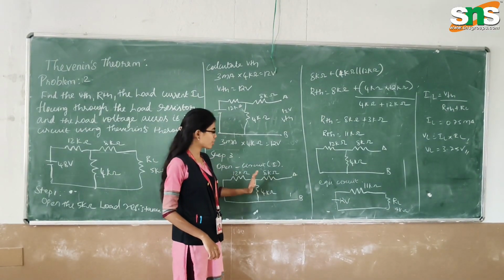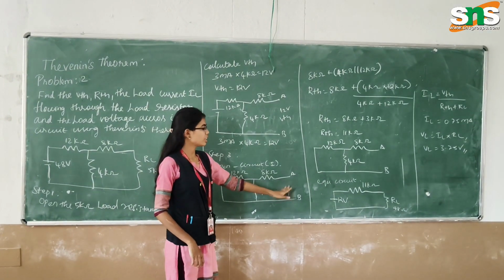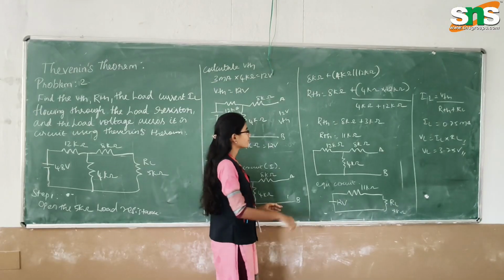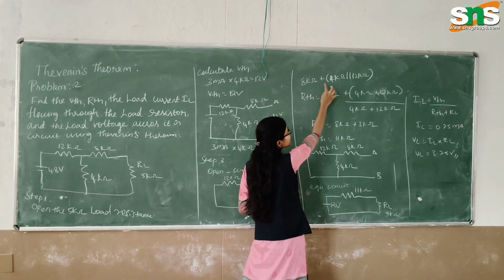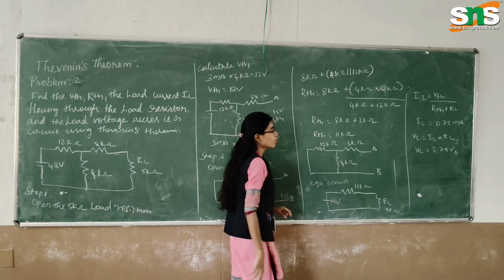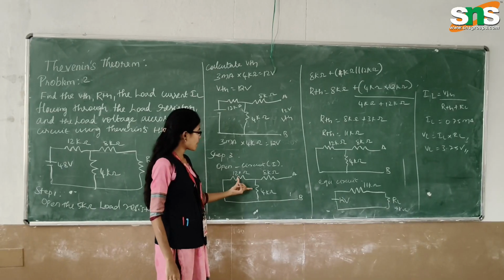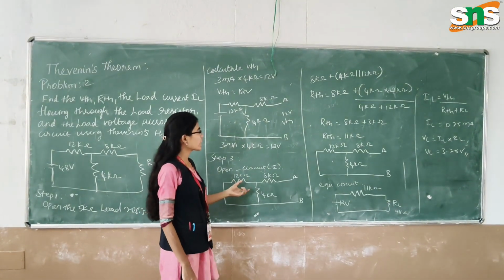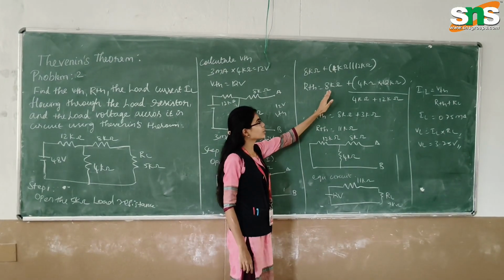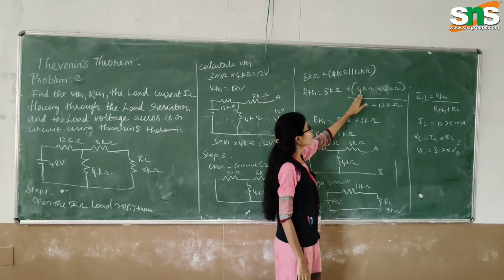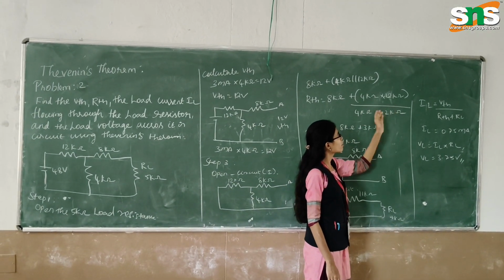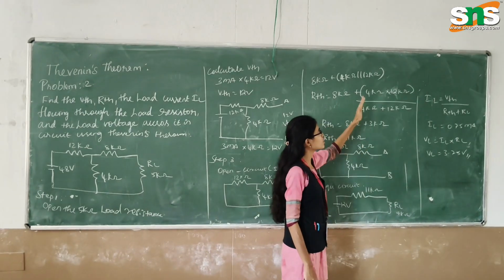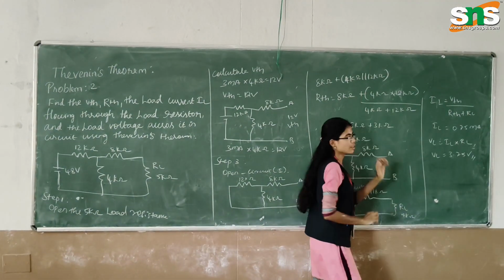So we keep the circuit as it is, with the load resistance open. Here the 4 kilo ohms and 12 kilo ohms are in parallel, so we substitute these using the parallel formula. R Thevenin is equal to 8 kilo ohms plus 4 kilo ohms times 12 kilo ohms divided by 4 kilo ohms plus 12 kilo ohms, which is the parallel circuit formula.